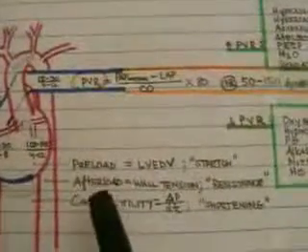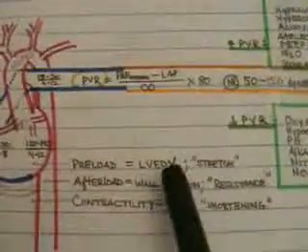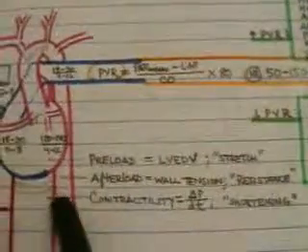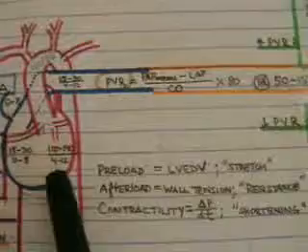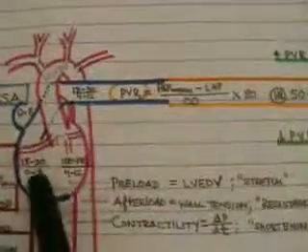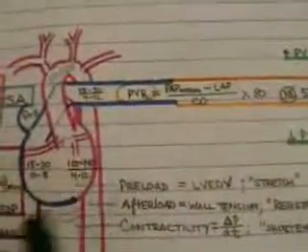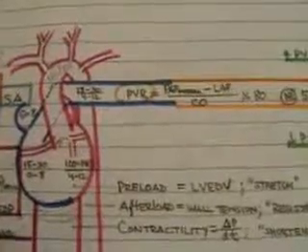We can say that the preload can be thought of as the left ventricular end diastolic volume, so it's the volume within the left ventricle at the end of diastole, or the end of the relaxation period of the left ventricle.